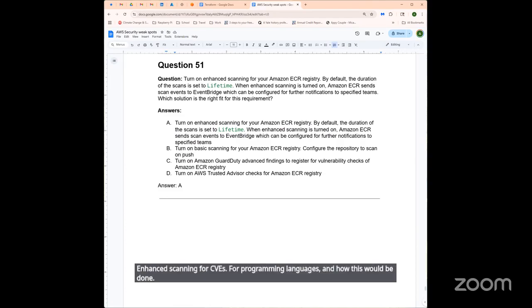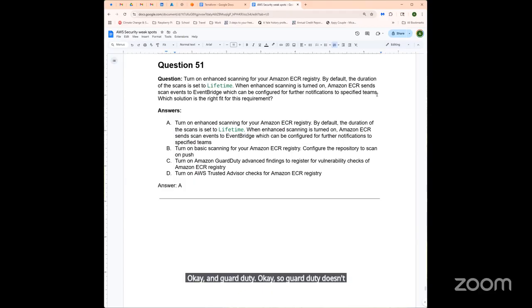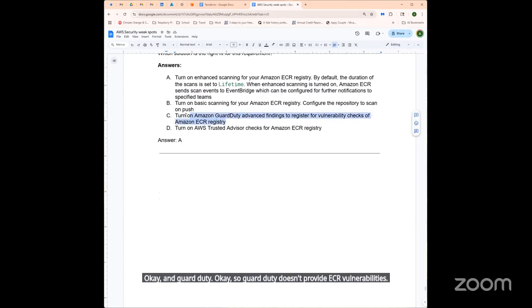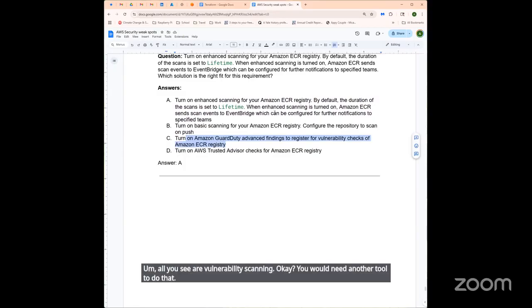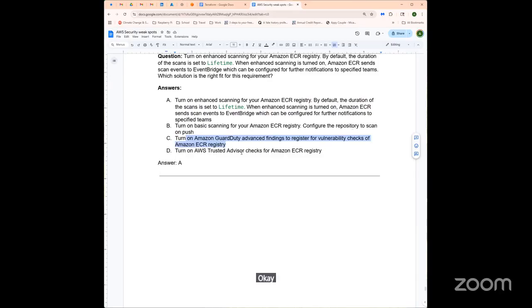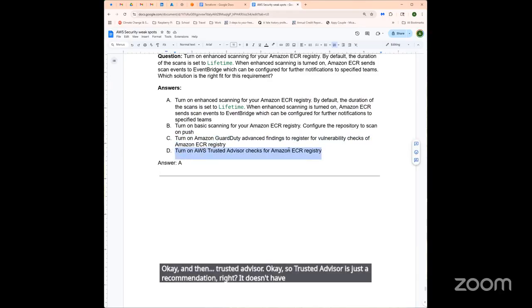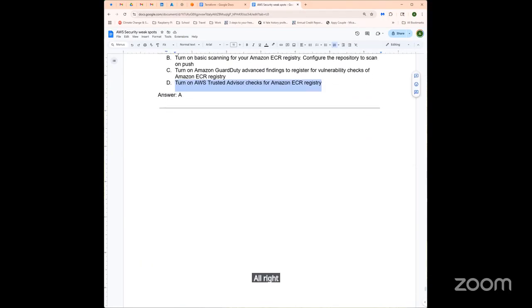Okay, and GuardDuty doesn't provide ECR vulnerability scanning. You would need another tool to do that. And then Trusted Advisor is just a recommendation, right? It doesn't have checks for ECR registry vulnerabilities. All right, so for the next question.